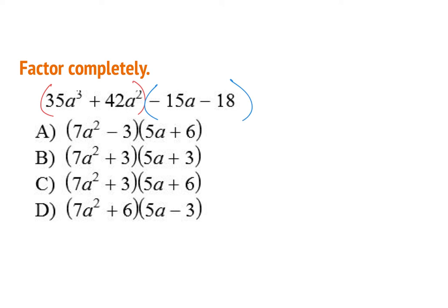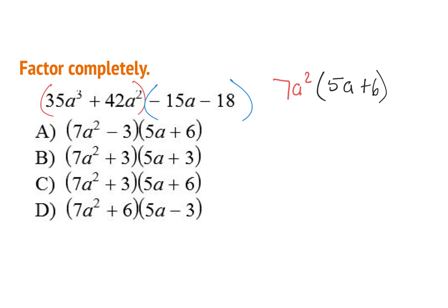So the greatest GCF I can get in terms of numbers is 7 and then an a squared. And I'm going to see what's left over. So 35 divided by 7 is 5. A to the third power divided by a squared is just a. 42 divided by 7 is positive 6.